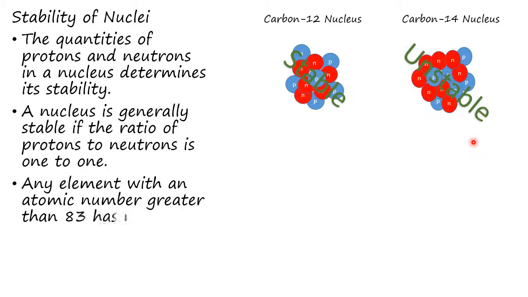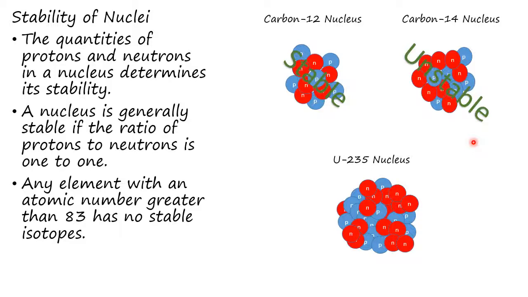Another rule is that any element with an atomic number greater than 83 has no stable isotopes. If we look at the nucleus of uranium-235, uranium has 92 protons contained within the nucleus, and since it's 235, it has a total of 143 neutrons contained within the nucleus.